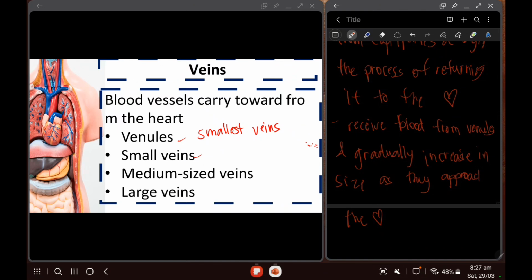Then which is yung small veins, meron din silang thin wall na nagko-contain ng valves. So, yung valves nga na yon is nagpre-prevent ng backflow of the blood.